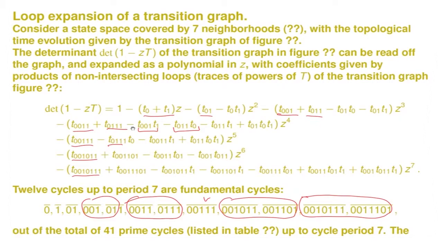And they show up with relative minus sign. And we account for all the products of shorter cycles which have no points in common. So here are examples of various such things. So this you have to do privately in a quiet room yourself.